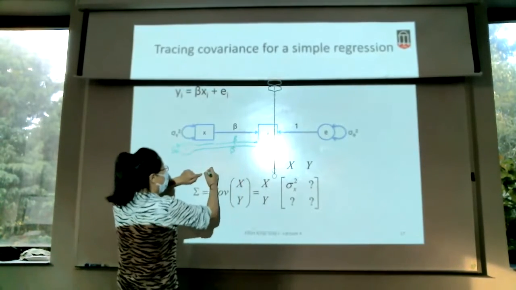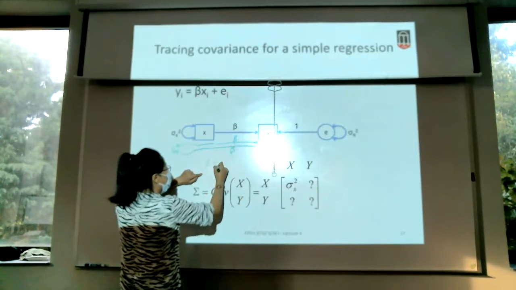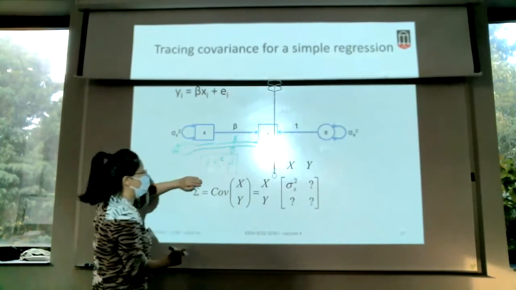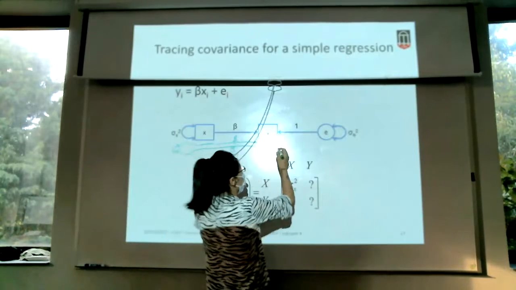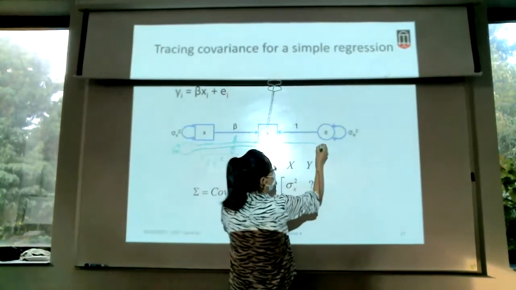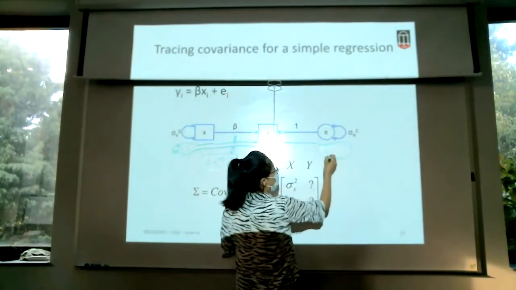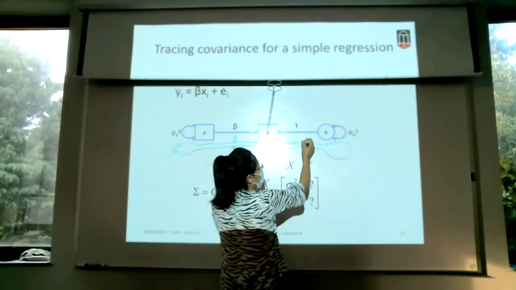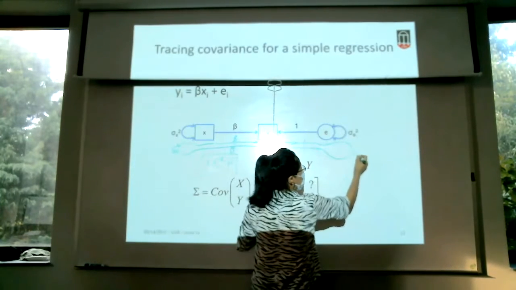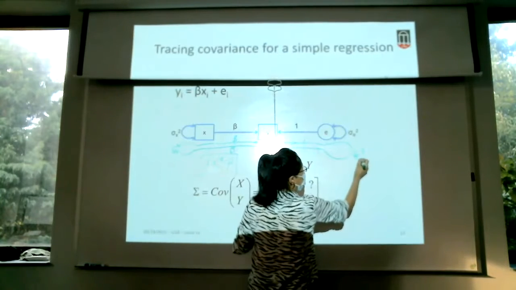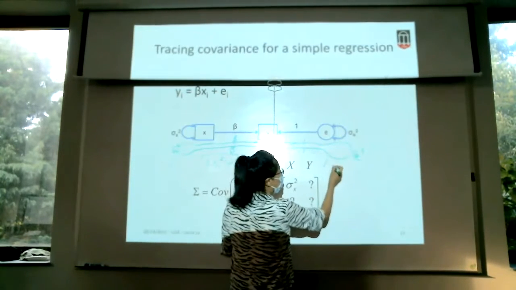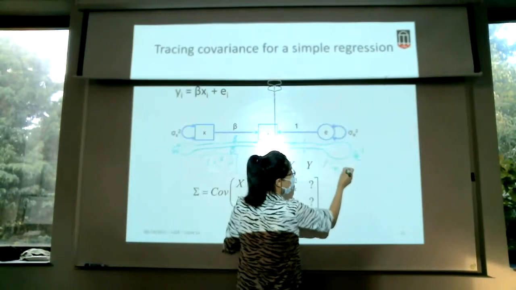If you write it down, it's beta times sigma x squared times beta. But you have another component: go back to e, and the double-headed arrow stops here. So this is 1, and this is sigma e squared, and this is 1. The other component is 1 times sigma e squared times 1.